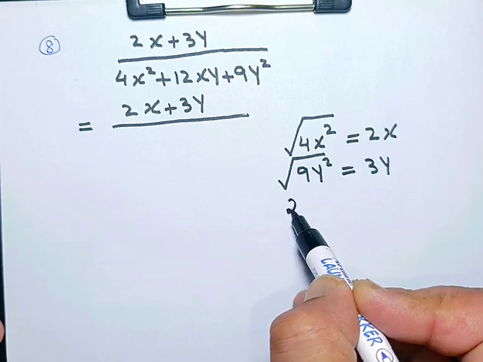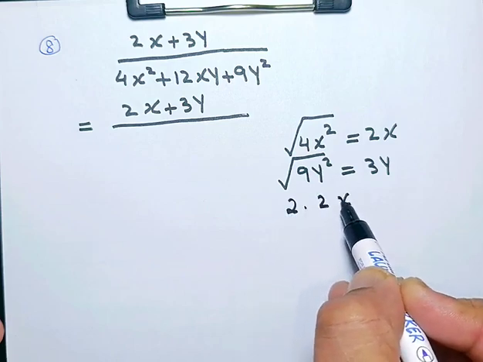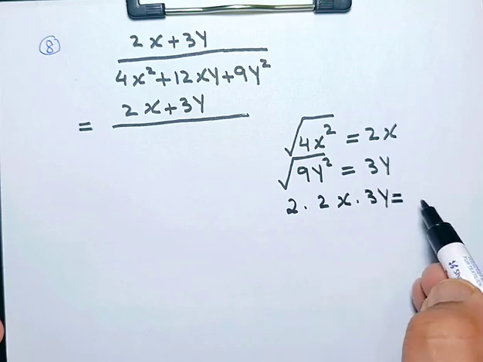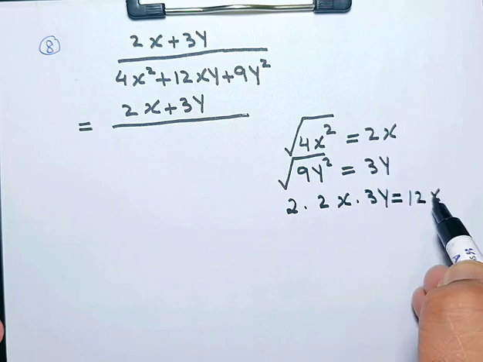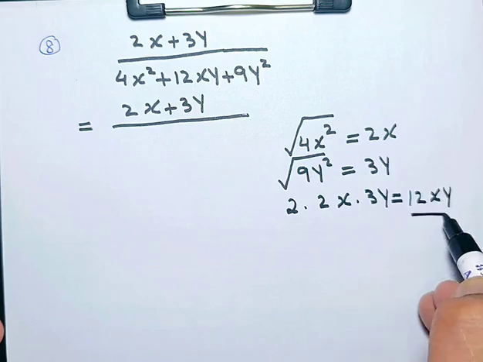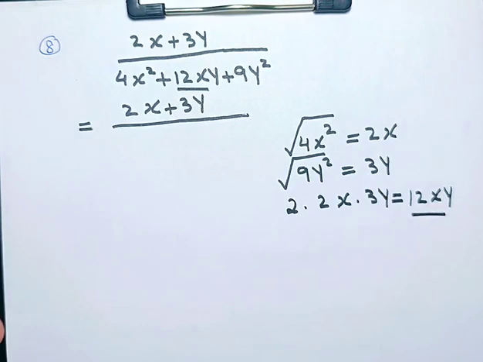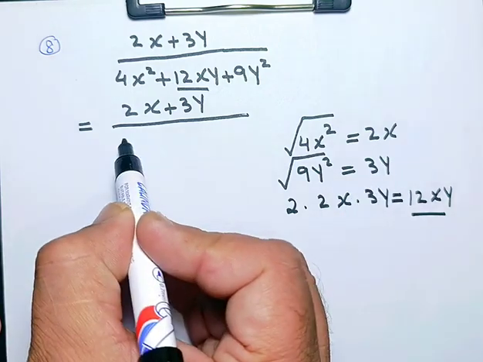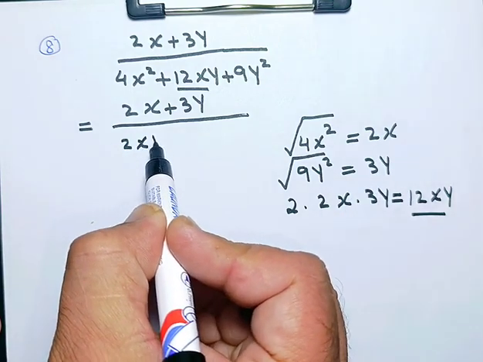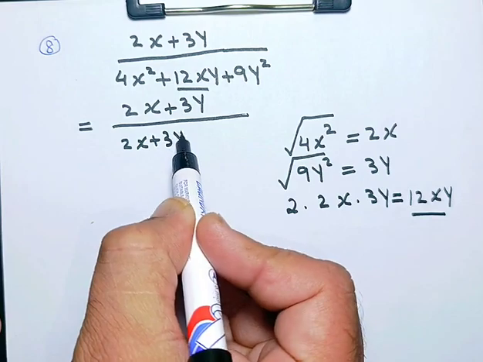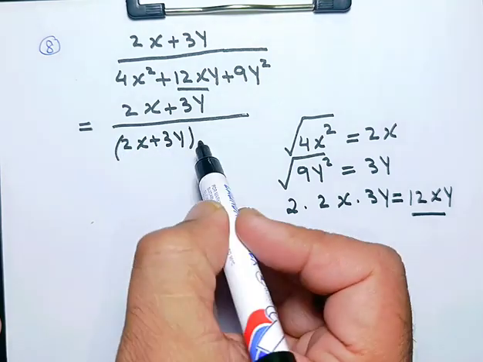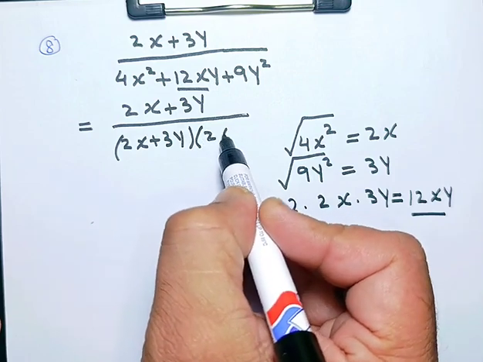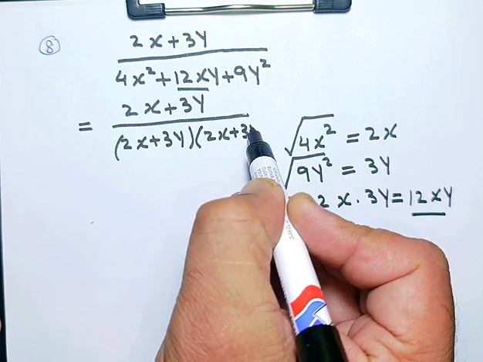So 2 multiplied by 2x multiplied by 3y, the answer will be 12xy. Yes, it is a perfect square trinomial. So now 2x plus 3y, once twice. So I'm going to write it in multiple factors, 2x plus 3y.